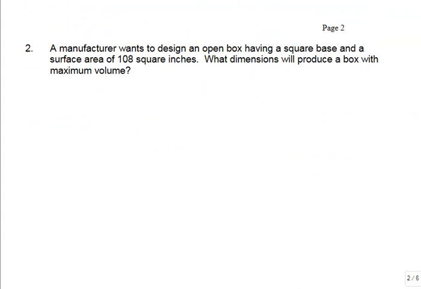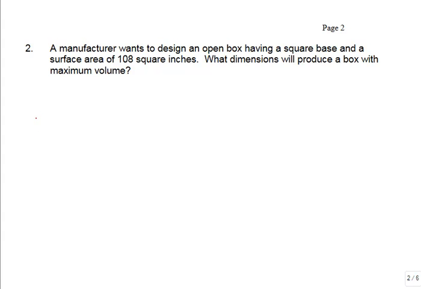All right, the next example says a manufacturer wants to design an open box having a square base and a surface area of 108 square inches. What dimensions will produce a box with maximum volume? So again, a picture is very important here. So let's draw an open box with a square base.